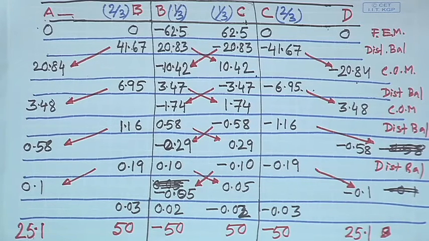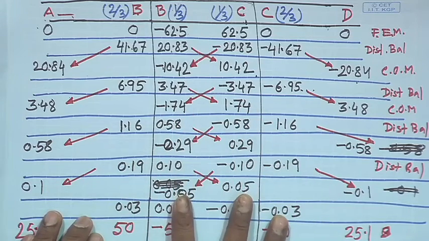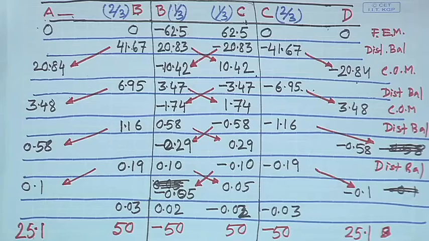The reason I am saying this is, if you take any problem and solve it using the moment distribution method and another method which gives you an accurate value, there may be a very slight deviation in the result.